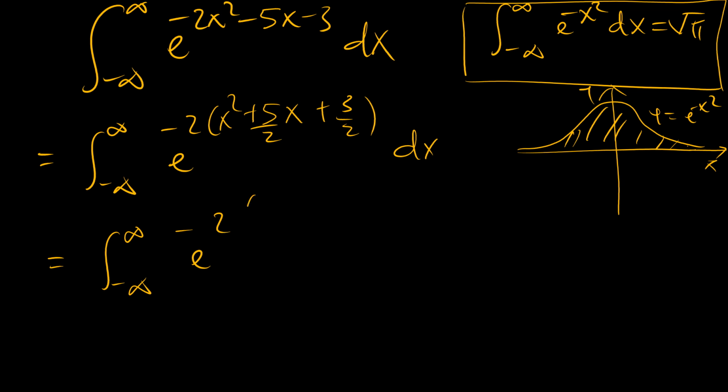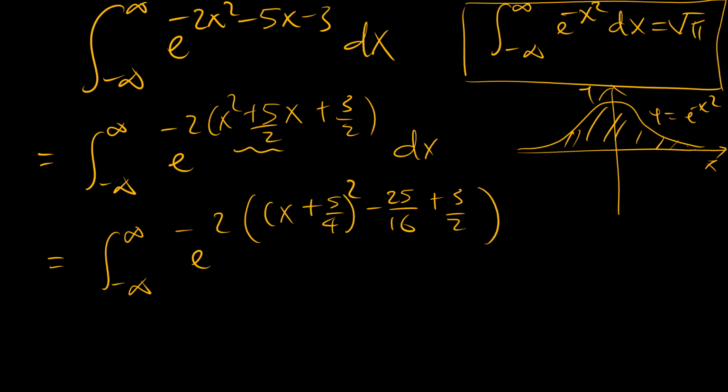Inside the bracket, we can express this part x squared plus 5 over 2 x as x plus 5 over 4 squared minus 25 over 16, plus 3 over 2.